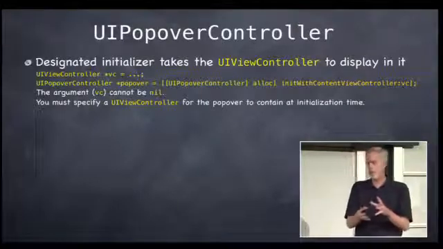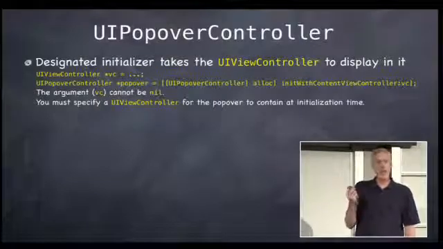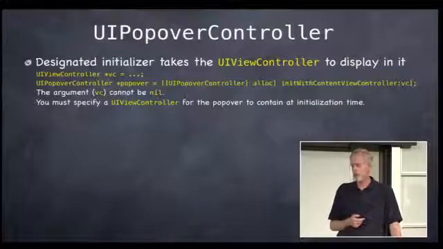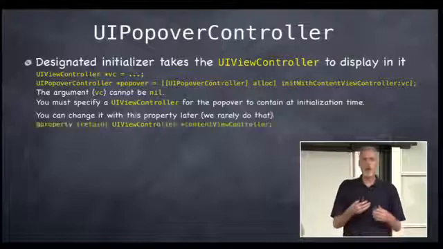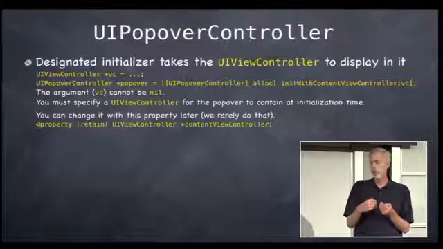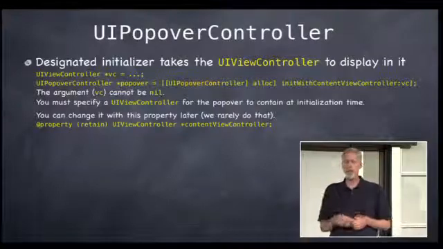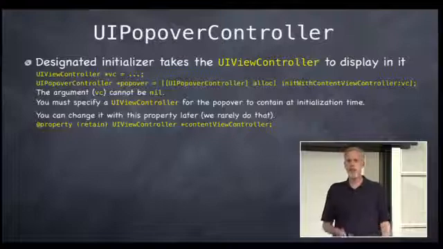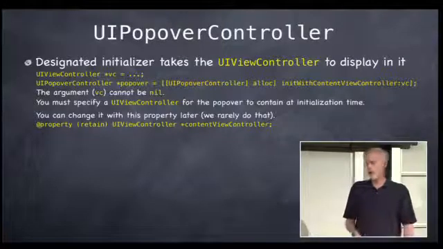It has to have a UI view controller inside it. Okay? So that's why its designated initializer requires you to provide a view controller. It is possible, however, to change the view controller that's inside of a popover controller by setting this property content view controller later. But you can't set it to nil. It'll ignore trying to set it to nil.